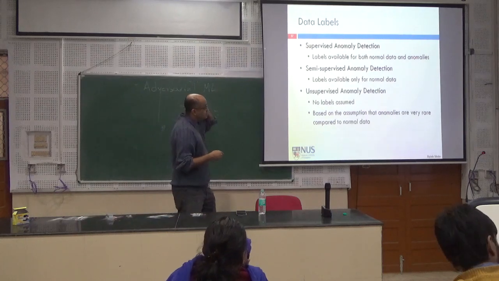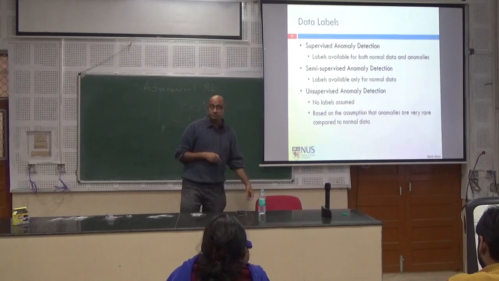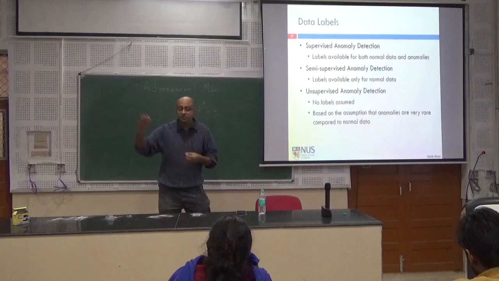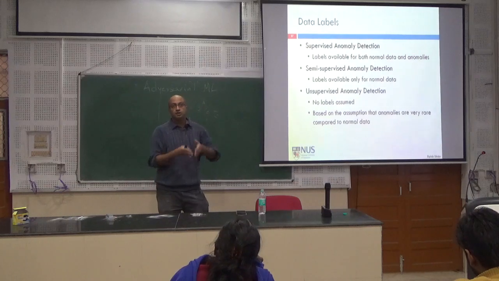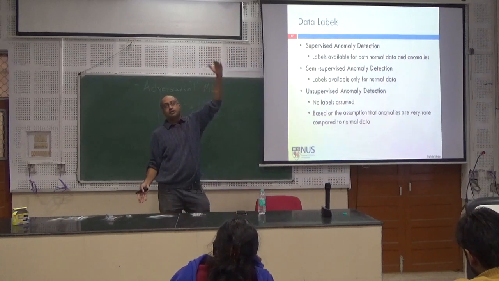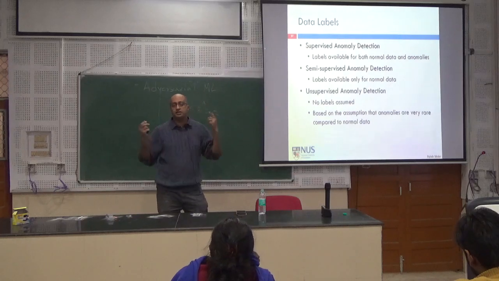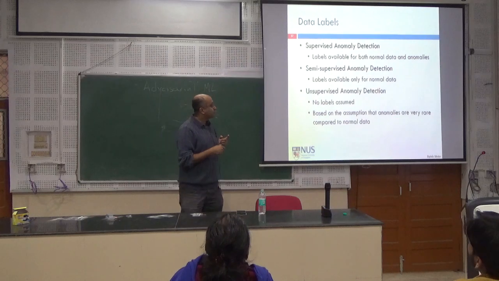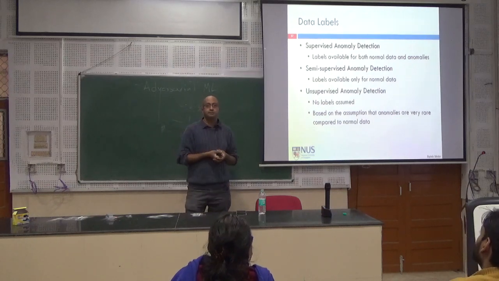In some cases, life may be a bit more challenging. You only have labels for some of your data. You have a lot of data, but labels are available for only a subset, or you have labels available for only a subclass.